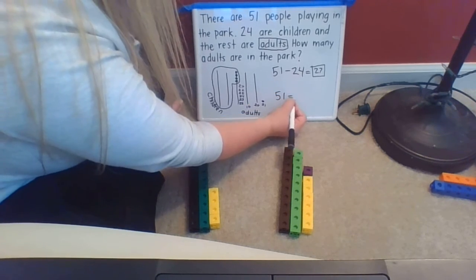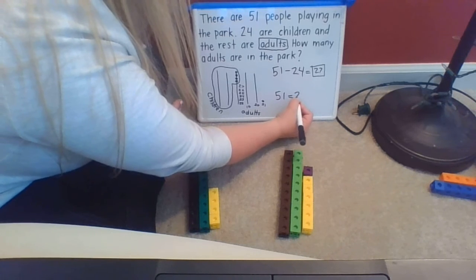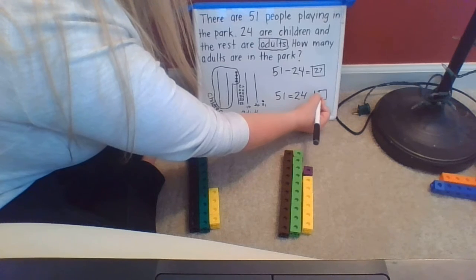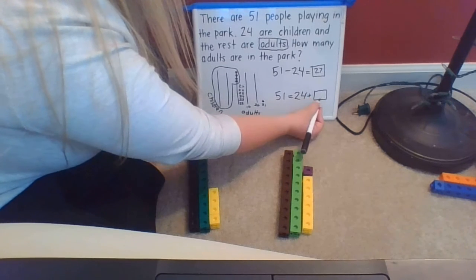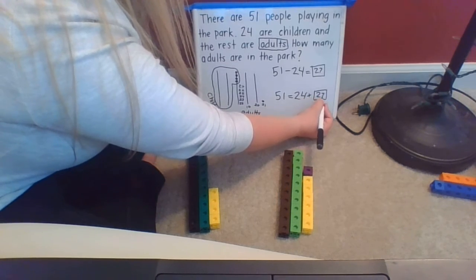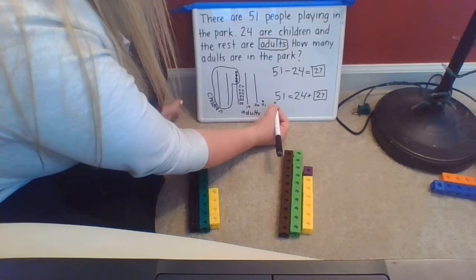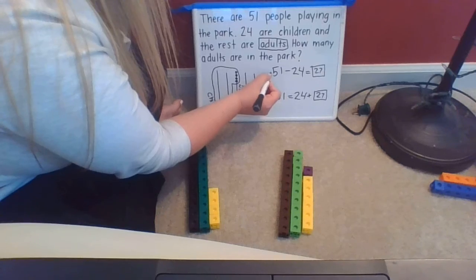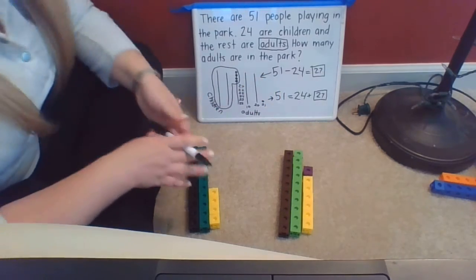That was the same as the 24 children and the adults, the 27 adults. This number sentence down here matches the story, and this number sentence matches what we did in our work.